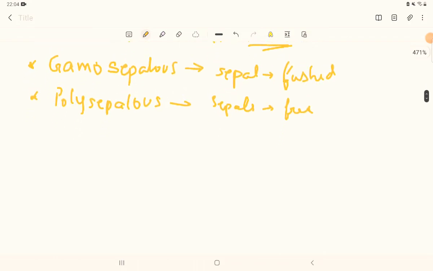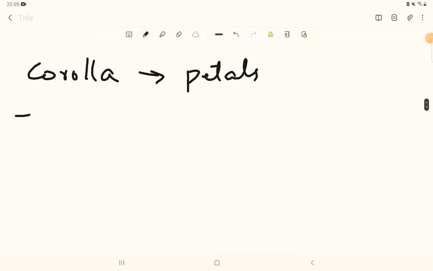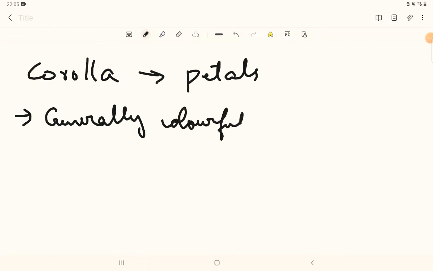Next we'll talk about the corolla. That is your petals part. These are generally colorful, which differs from plant to plant.